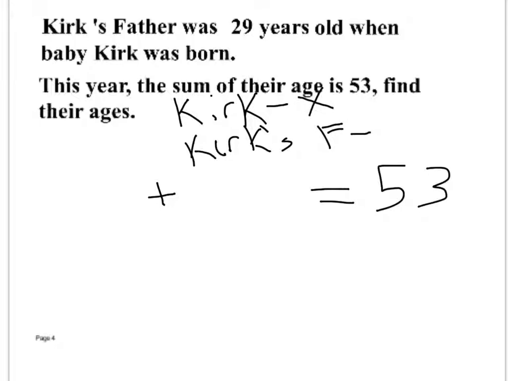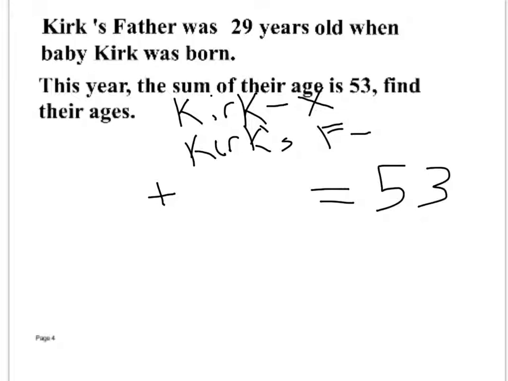That's a variable. Now, we don't know how to do two different variables yet. We don't know how to solve for that yet. So we have to stick with one variable, which means we have to use x. Kirk's father is how old? We don't know. But if we knew what Kirk's age is, would we know what his father's age is?